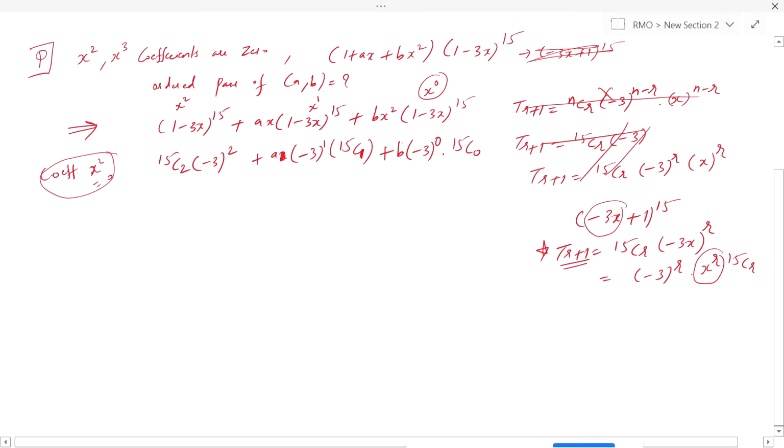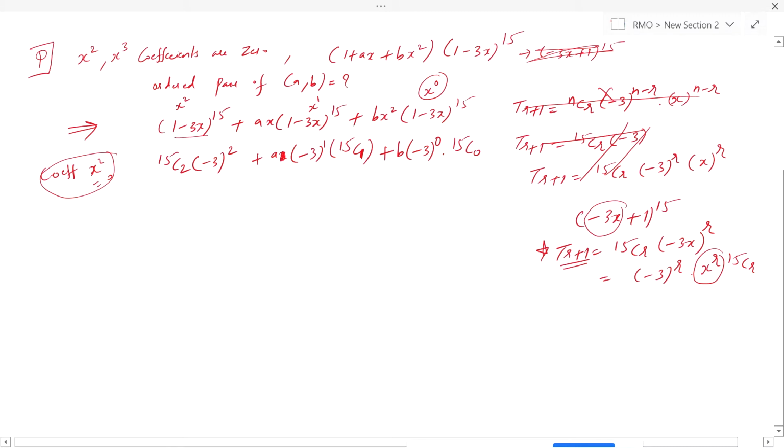Okay. Clear? How wouldn't x square be 1 into the 1 minus 3x raised to 15? Wouldn't that be x raised to 0 instead of this one? bx square. Okay, bx square.